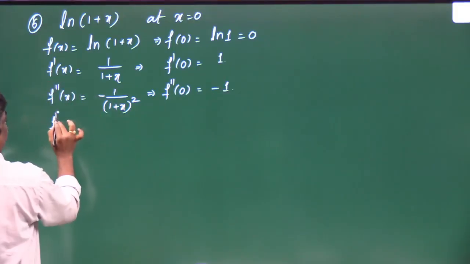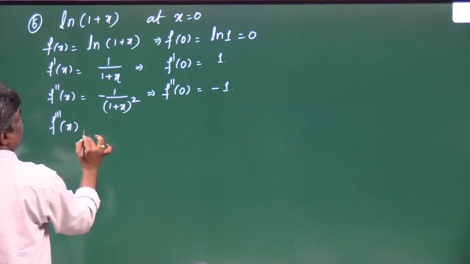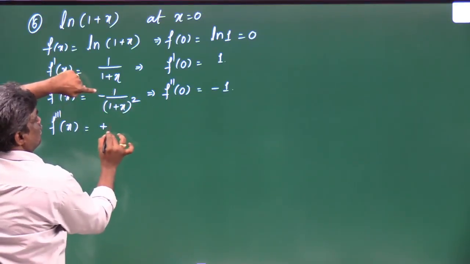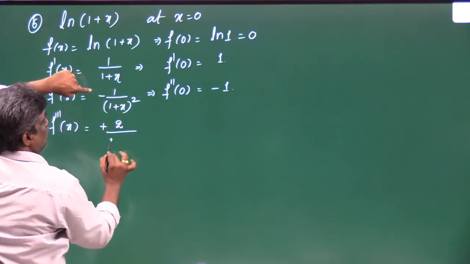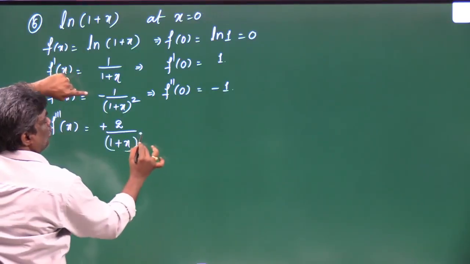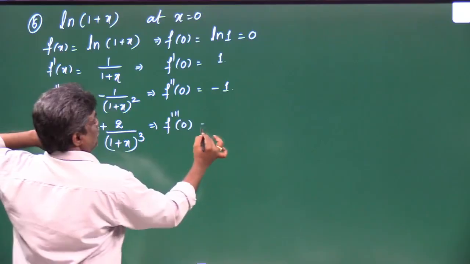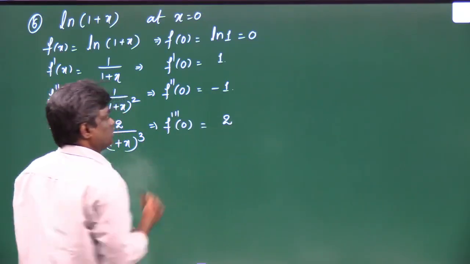Next the triple derivative: here the minus is already there and one more minus 2 will come, that's why plus 2 by 1 plus x whole cube, that's it. And if you substitute x equal to 0, this will be 2.